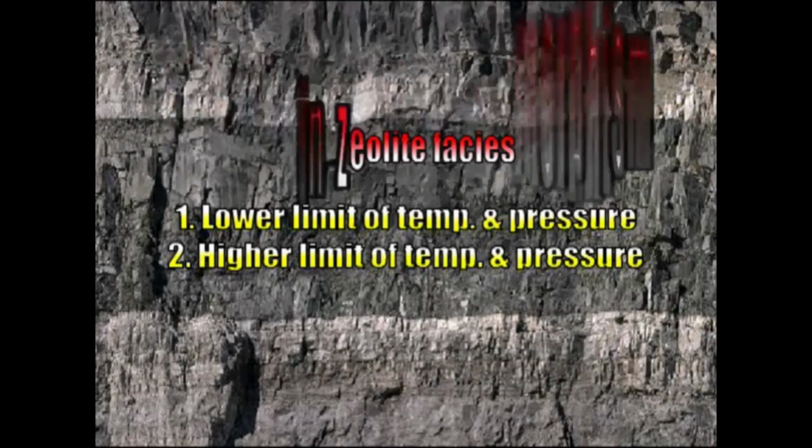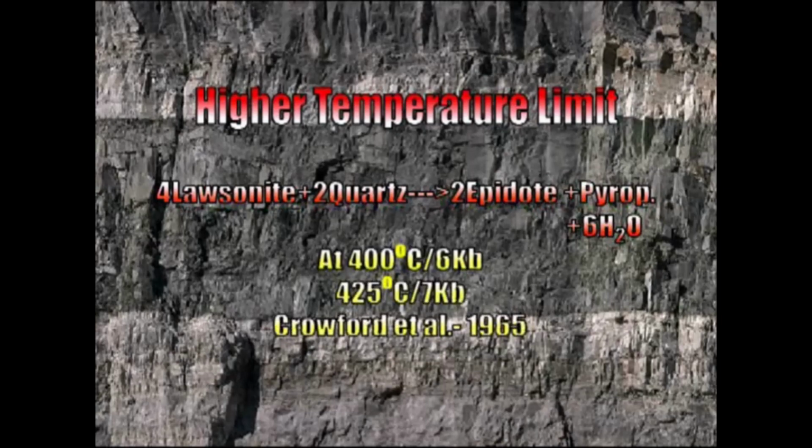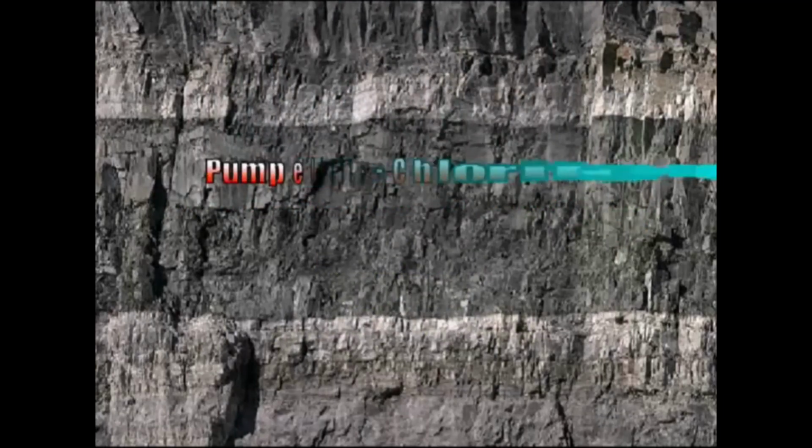The limit of zeolite phases is recognized by the following reactions. Lawsonite plus quartz gives rise to clinozoisite plus pyrophyllite plus water, a reaction carried out by Crawford et al. in 1965.